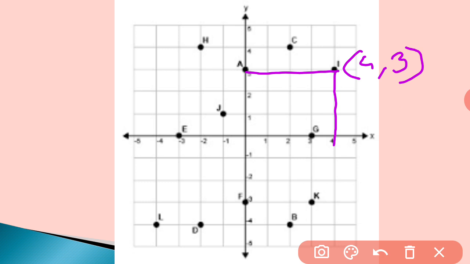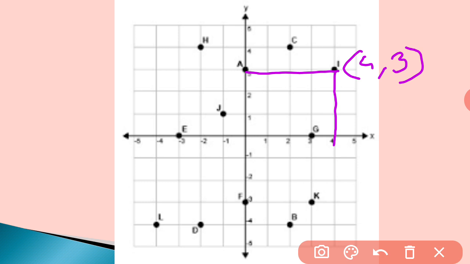The location or the coordinate of each and every point is unique. Unique because it is only for it, no other point can be represented by the same coordinates. Let us try a few more.